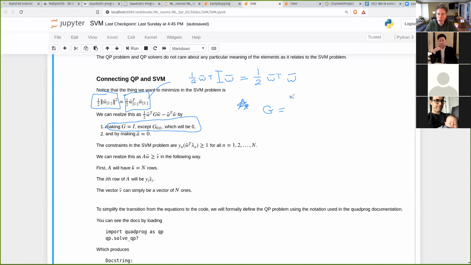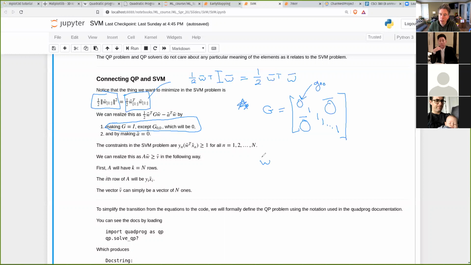So it has a bunch of 1s on the diagonal, and this first coordinate, G_00, is 0. And then it has 1s on the diagonal. So when you do that, you get exactly what you want.